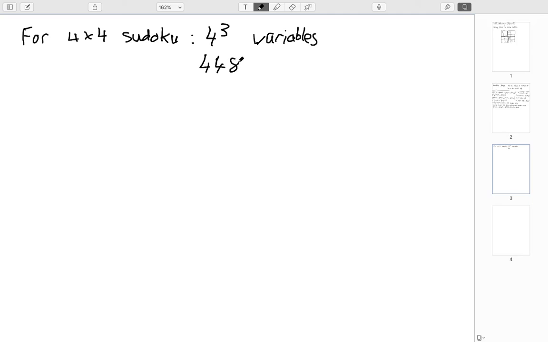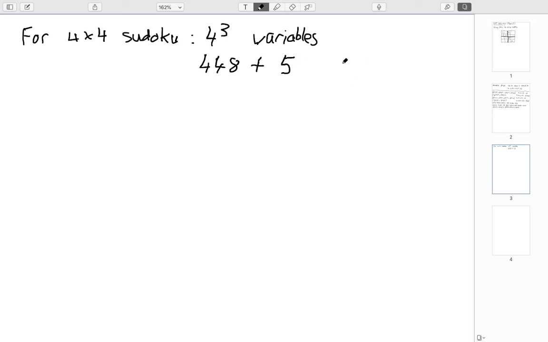448 clauses expressing the general constraints for the sudoku, for an arbitrary 4 times 4 sudoku problem. Plus we have the unit clauses that have the specific information about which cells have already been filled at the start of the problem. In the case we were looking at, that was 5, because there were 5 cells filled.